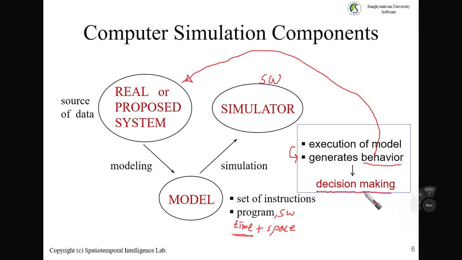And depending on the validity of this behavioral knowledge, we can make decisions 100% dependent on it, or it can be as low as 20 to 30%. Usually somewhere in between. Can be 20%, 30%, 40%, or 100%.